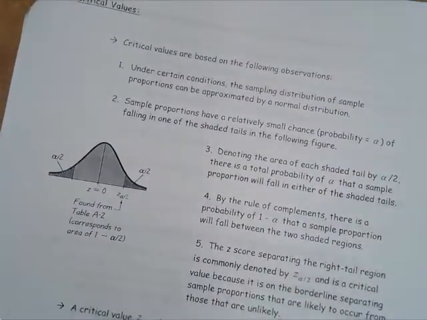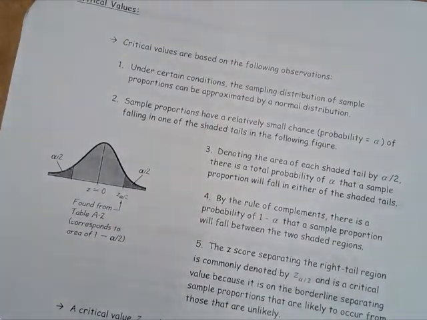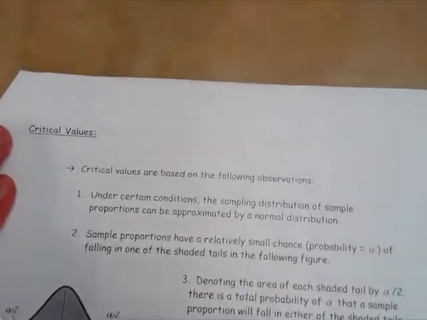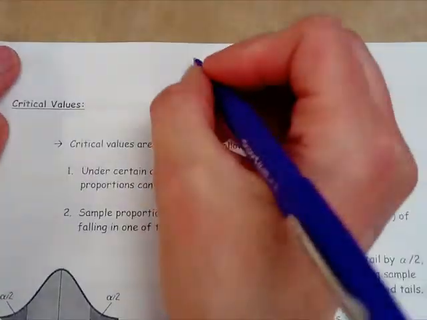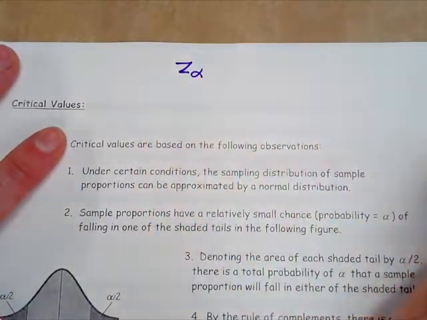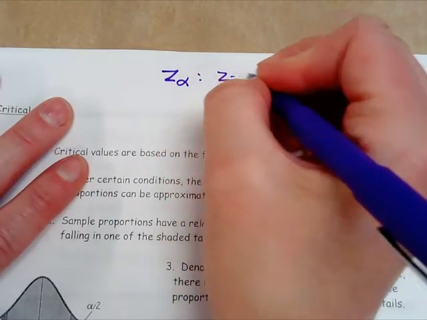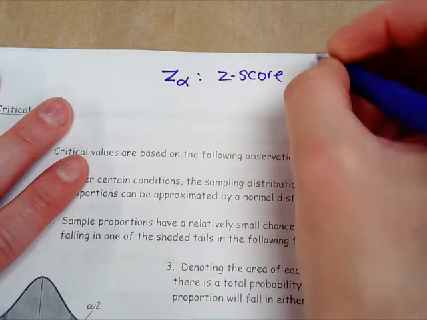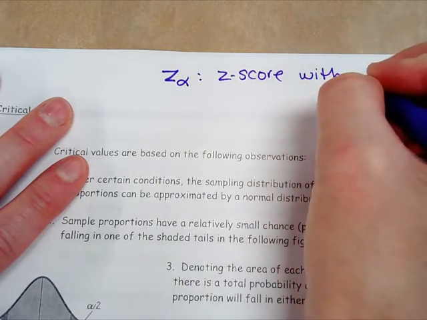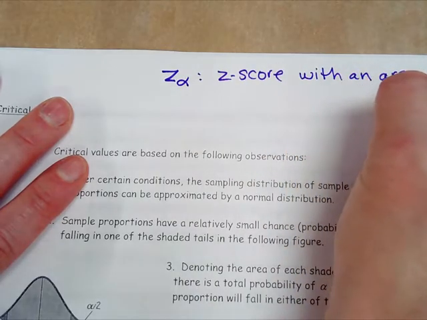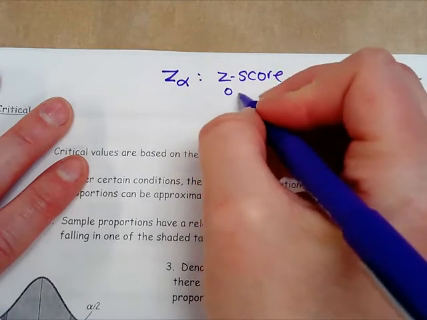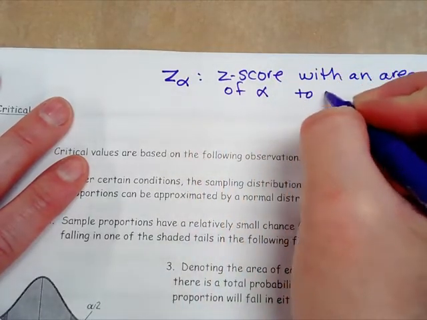All right. Let's look at critical values. Critical values are your Z. So Z alpha, it's the Z score with an area of alpha to its right.